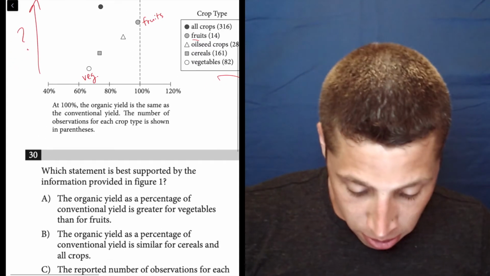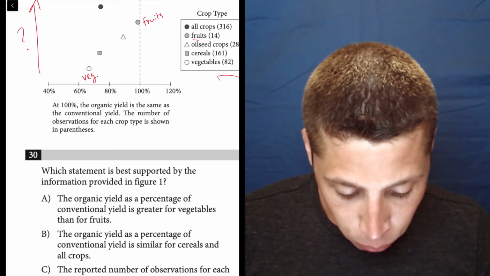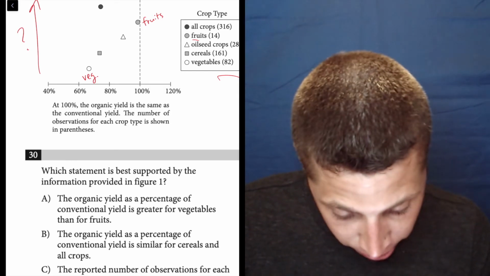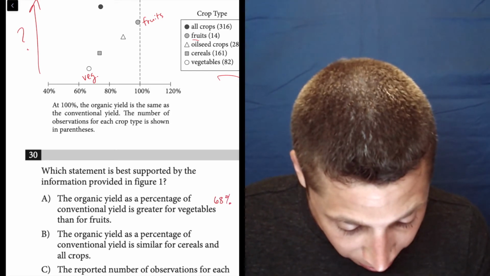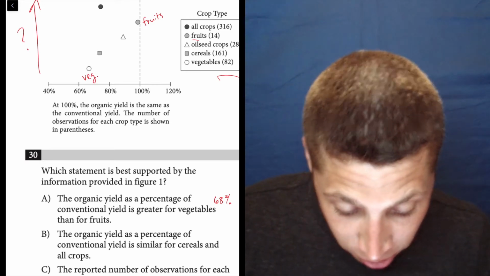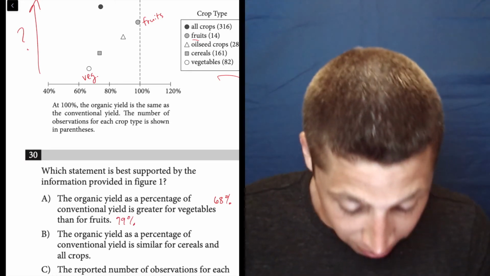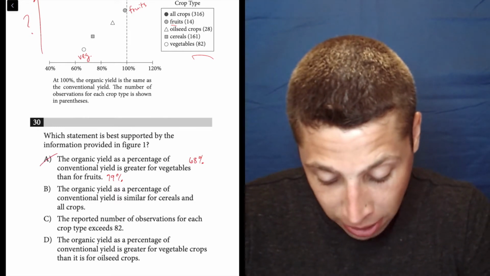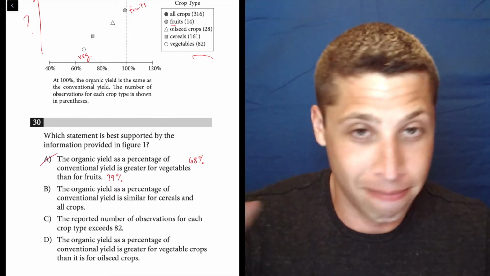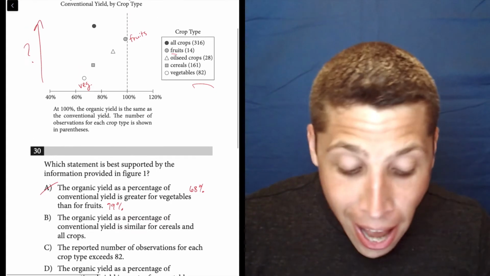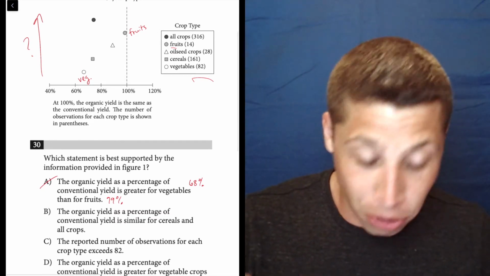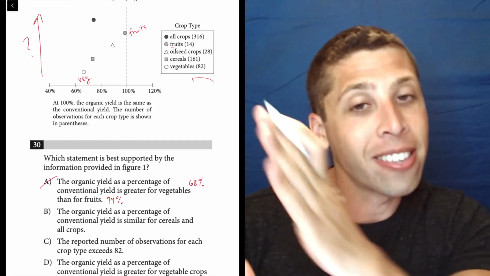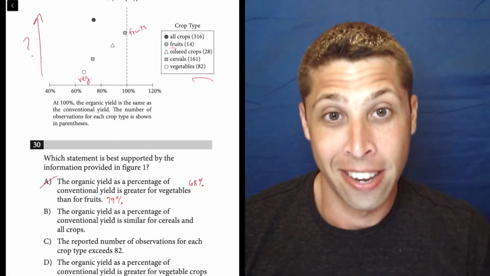So no, the organic yield for vegetables is 68%, and for fruits, it's like 99%. So that's just wrong. It's greater for fruits than for vegetables, not for vegetables. It doesn't matter that the vegetables or the fruits is higher. That has nothing to do with it. It's that fruits is more to the right, okay?